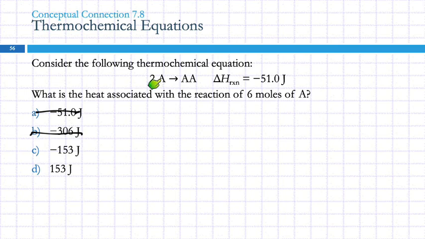Because to get from 2 moles to 6 moles, I've tripled the amount of stuff reacting, so it makes sense that I'm going to triple the amount of energy, amount of heat. Is that going to be positive or negative? It's going to be negative, because this is negative.